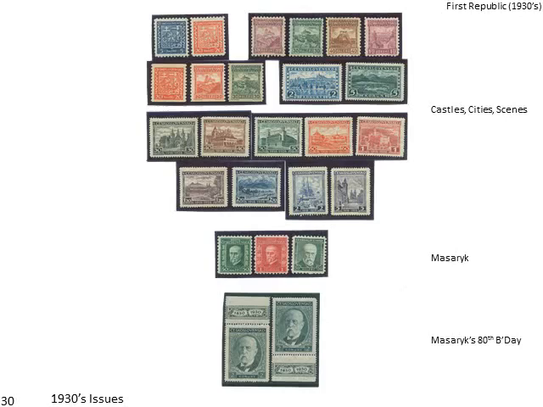Also during this period, there were several series featuring castles, cities, and scenes, plus new Masaryk issues. The stamps honoring Masaryk's 80th birthday in the last row can have top or bottom selvage imprinted with the dates 1850 to 1930. These were the first Czechoslovak stamps to have this type of ornamentation.